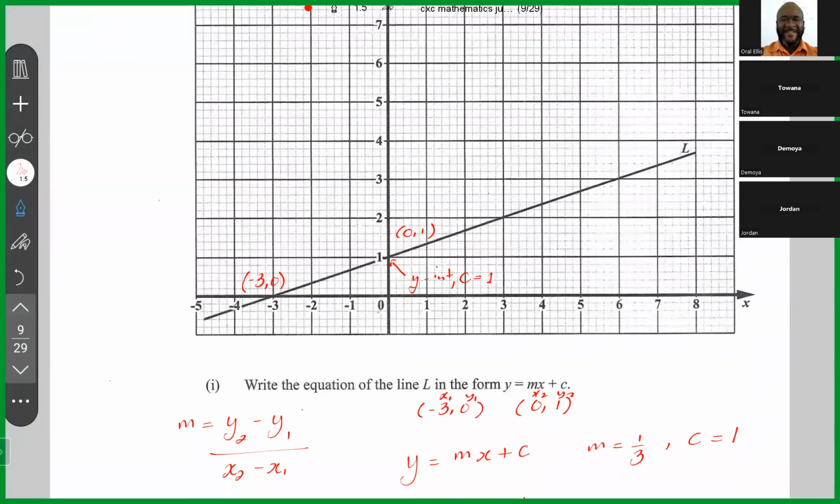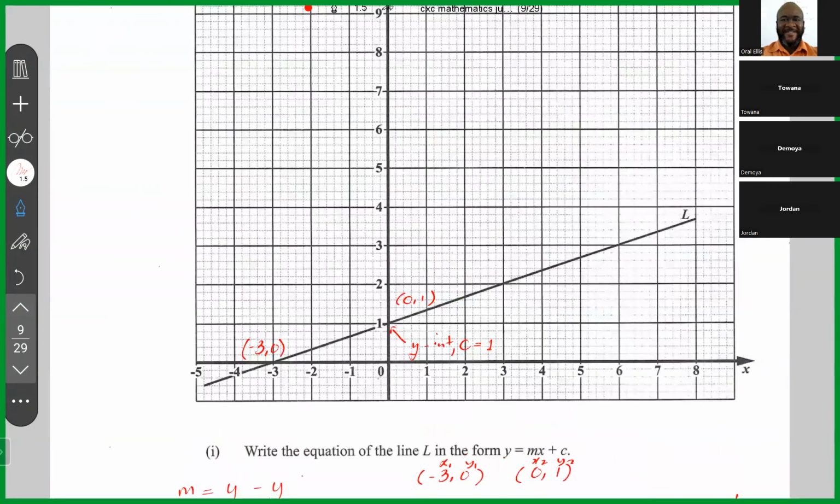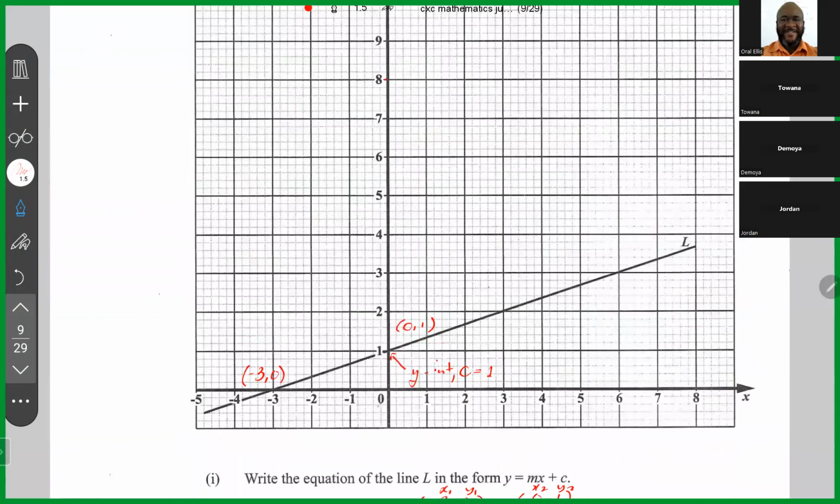So (0, 8), that's the y-intercept. The line crosses the y-axis here. It crosses the x-axis here. So all I have to do now is draw a straight line through the y-intercept and the x-intercept.